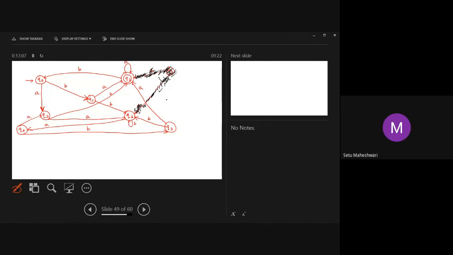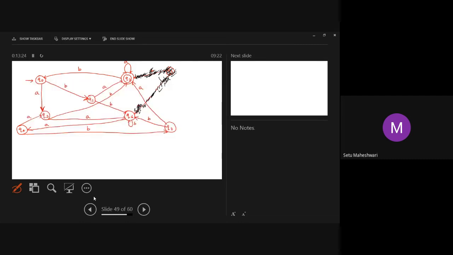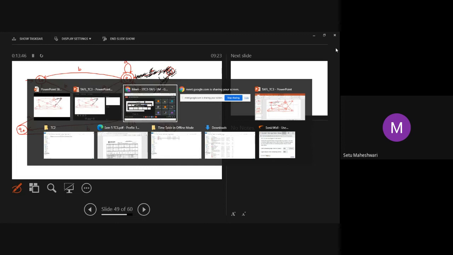So based on the definition which we have written for the unreachable states in the last class, this is the original diagram what you have. And this Q3 is supposed to be the unreachable states.